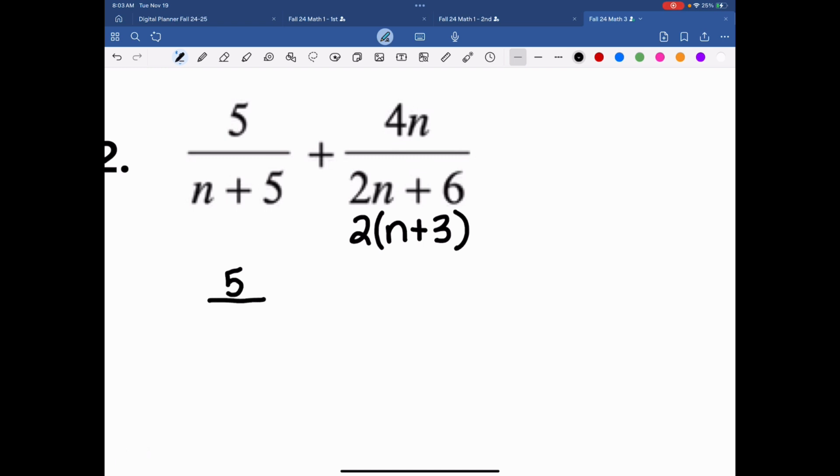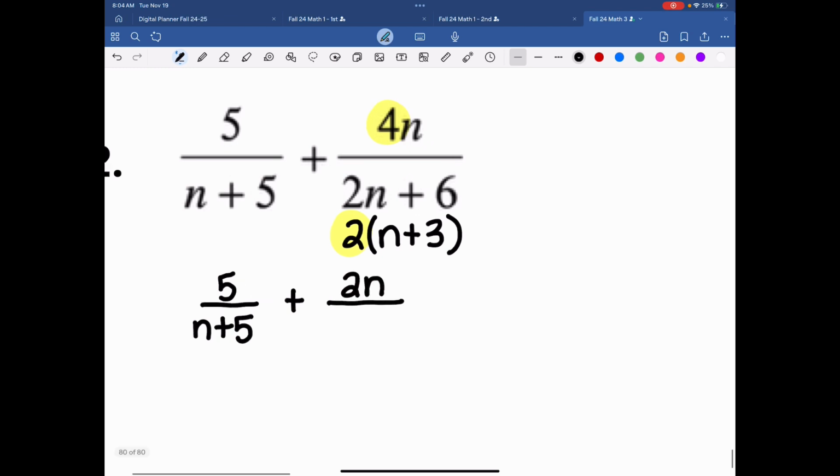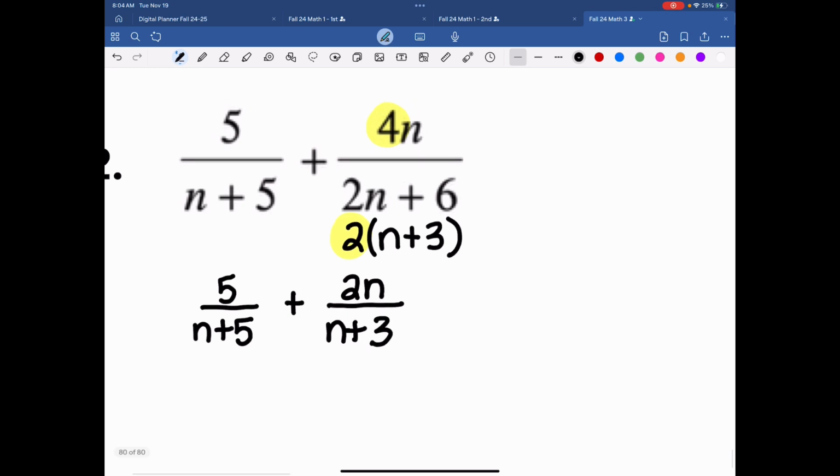It's completely up to you. You will have to simplify at the end though. And what I'm trying to simplify here is I have a 4 and a 2. So if I simplify this, this is going to become 2n over n plus 3. And again, you don't have to simplify it. However, eventually at the end you will if you don't do it now.